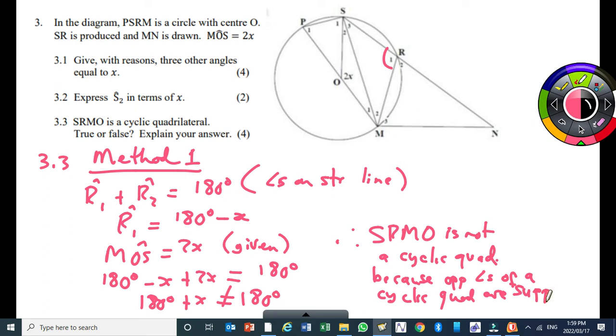But you must understand that I'm just writing something that I've already written here. Here I wrote that if I add these two, I must get 180 degrees, but here I just wrote it as a statement. So even if you don't write that, you make that conclusion afterwards showing this working. You should deserve what? 4 marks.